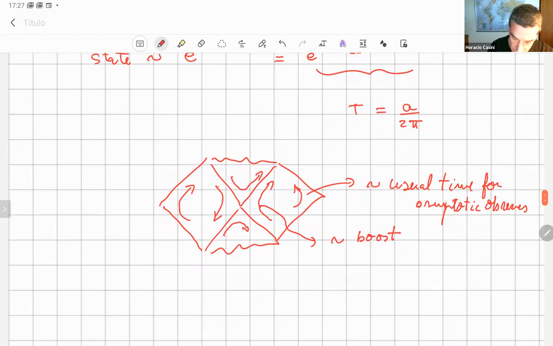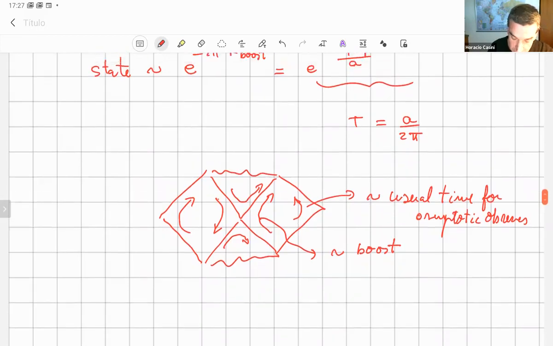So if your black hole is in thermal equilibrium at some temperature, it means that your modular Hamiltonian here is e to the minus some beta, the usual Hamiltonian, because it's time translation. And in order that this modular Hamiltonian here has the right temperature, that is 2 pi, here it has to be e to the minus 2 pi, the boost operator.